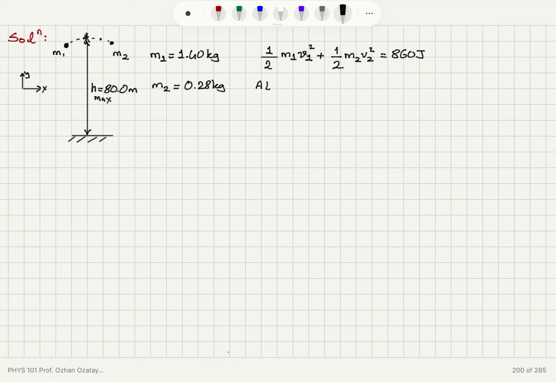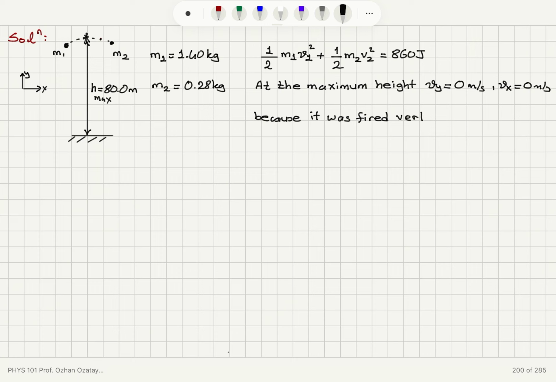Now, at the maximum height, which is given as 80 meters in the problem statement, we must have the y component of the velocity to be 0 meters per second. It's not rising anymore. And the x component also is 0, because the rocket was fired vertically upward.